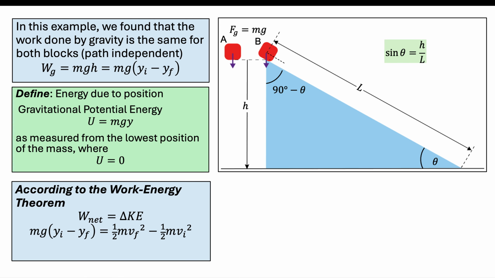According to the work energy theorem, we know that the net amount of work done by any forces on our system is just equal to the change in kinetic energy. So in our case, we have work done by gravity, which simply depends on the force of gravity and our displacement along the vertical. And that would result in a change in kinetic energy, final minus kinetic energy initial.